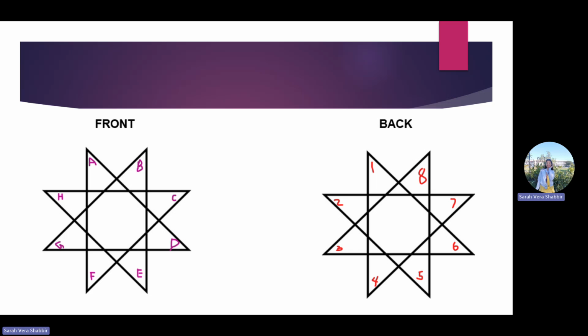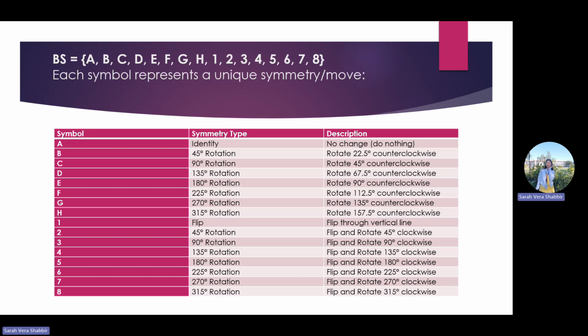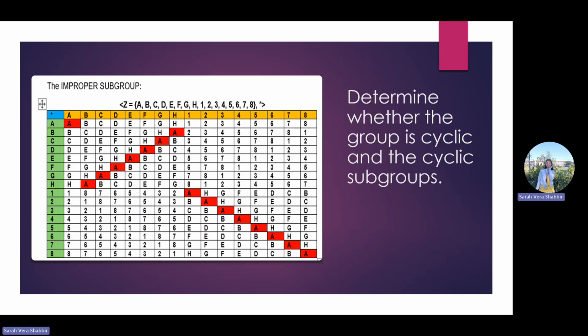And from the previous videos, we have talked about whether the given set forms a group and what the subgroups of this set are. Now we will determine whether the group is cyclic and find the cyclic subgroups.